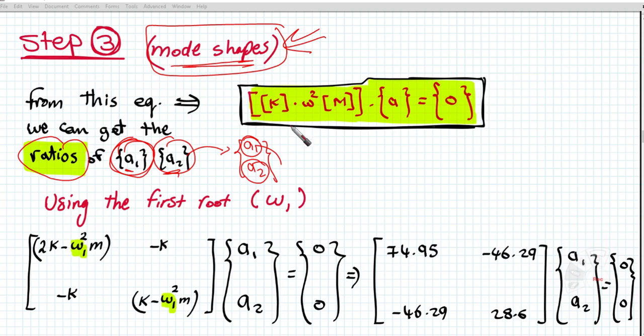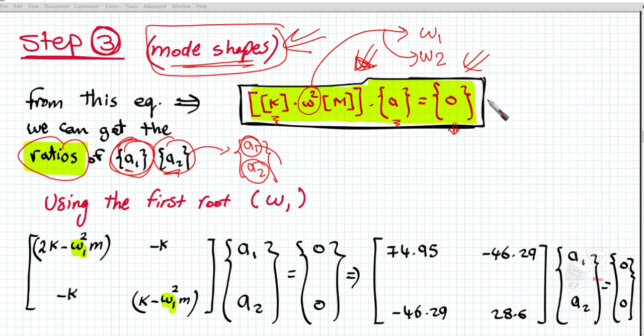When we look at the mode shape equation here, as we explained in the previous video, we derived this equation and we understood well what it is all about. It is the stiffness matrix minus omega squared m, times the mode shape, which is the amplitude vector, equals the zero vector. The problem is that in this equation we have omega, but we actually have two values of omega: omega 1 and omega 2.